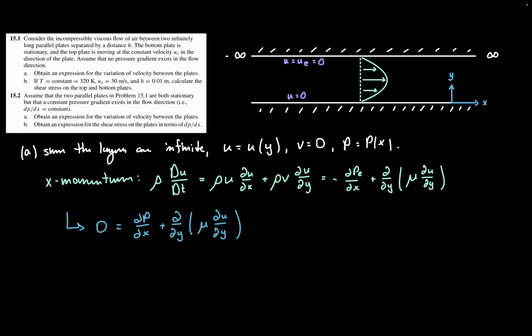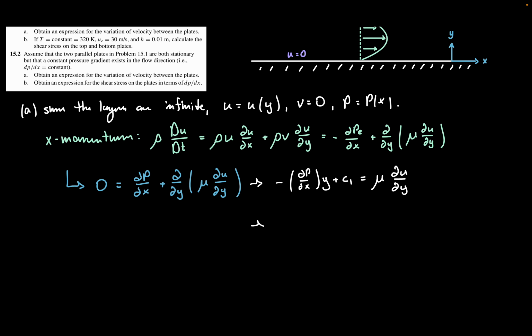But anyways, from here what we can do is start to integrate with respect to y, to start breaking this down so that we get some sort of function with respect to u and dp dx to work with. So let's integrate with respect to y after we subtract dp dx to the other side, such that we'll get negative dp dx times y plus c1 is equal to mu, and then we'll have del u over del y.